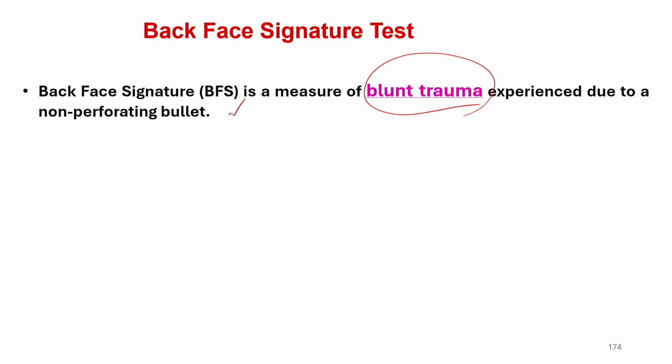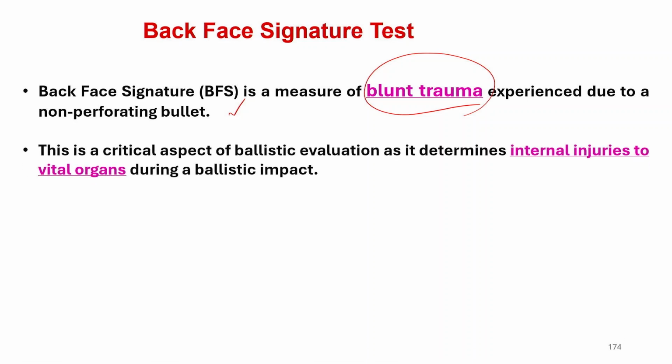So, the bullet is not perforating, but still the wearer feels the blunt trauma, and that is what it measures. This is a critical aspect of ballistic evaluation, as it determines the internal injury to vital organs during the ballistic impact. So, that is very important. Although the bullet is not penetrating, there may still be some internal injury. So, that test has to be there.